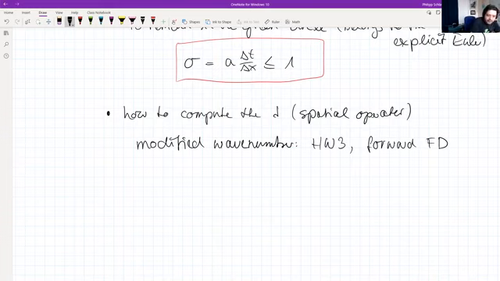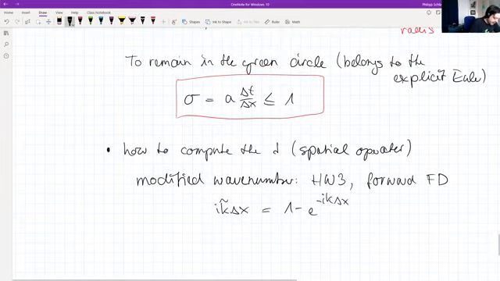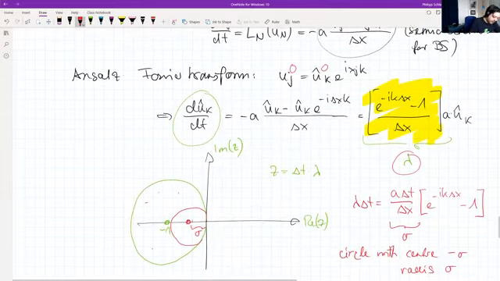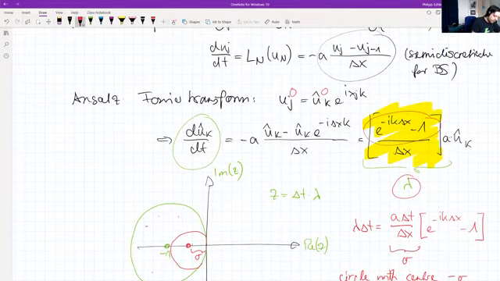So the modified wave number, ik tilde times delta x, will be 1 minus e to the minus ik delta x. This is the modified wave number that we get for backward finite differences. And now the interesting thing is that this term is exactly the one that goes in here.